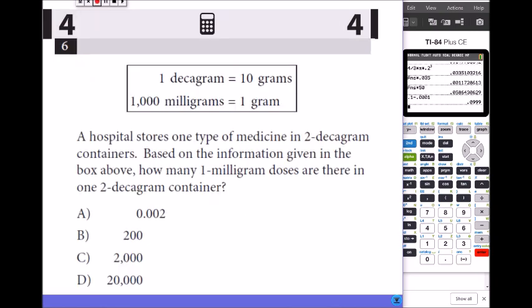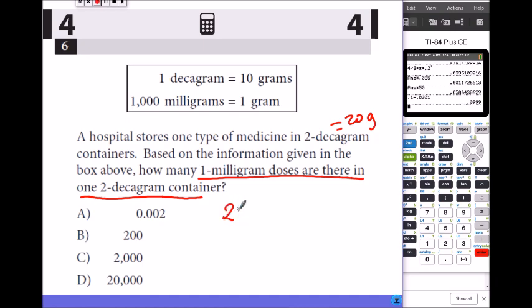A hospital stores one type of medicine in a 2 decagram container. Based on the information given in the box above, how many 1 milligram doses are there in 2 decagrams? So first of all, 1 decagram equals 10 grams. So 2 decagrams equals 20 grams, right?